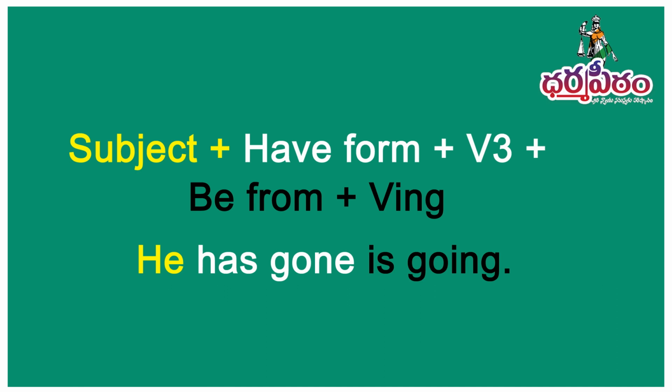Go is the main verb, so the V3 form of the main verb go is used, has gone. Then we have to use the be form. Again, the subject is singular, so we used is. Again, the main verb is go, so the be form should be followed by an ing form of the verb, so it becomes going. He has gone is going.